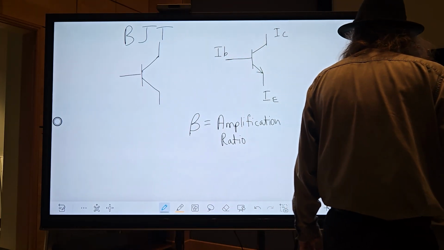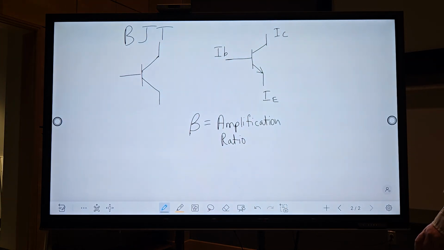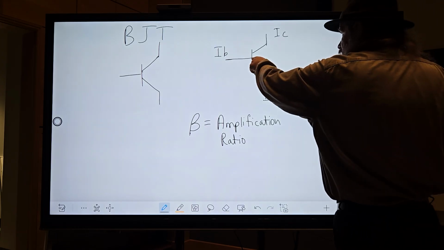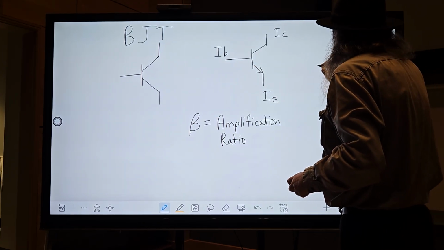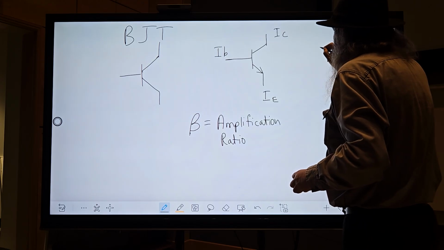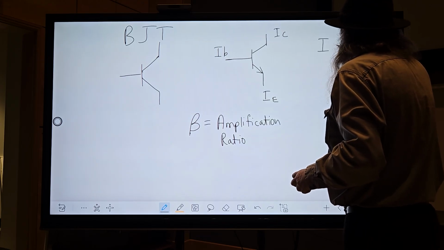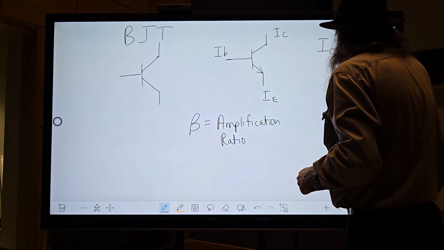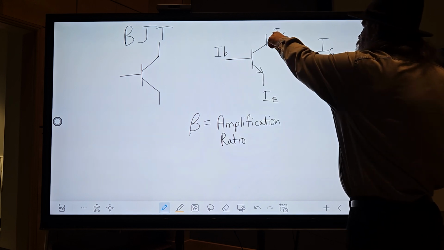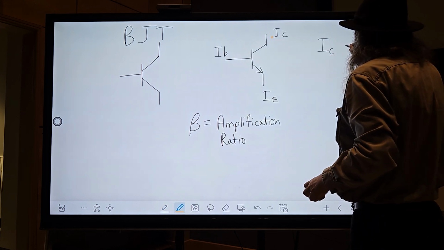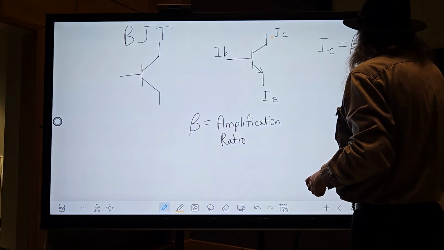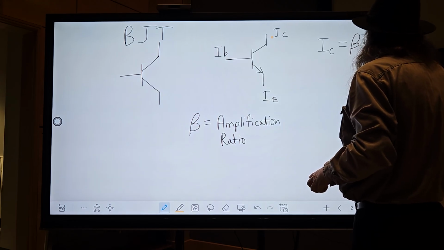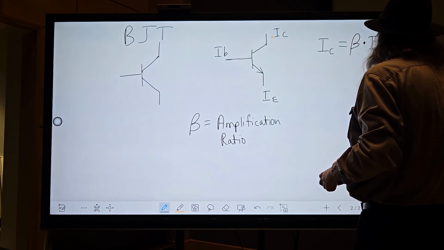A small current put into the base increases the amount of current that can go through the collector. IC equals beta times IB.